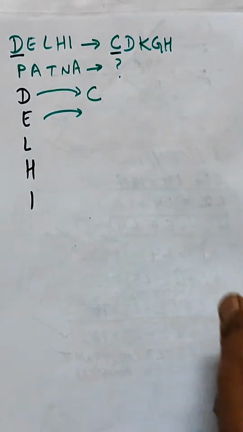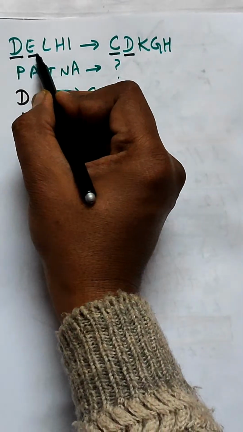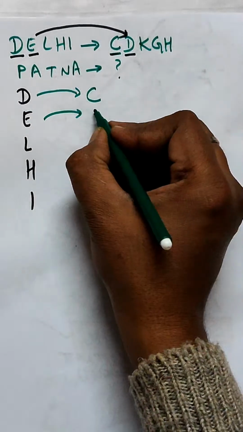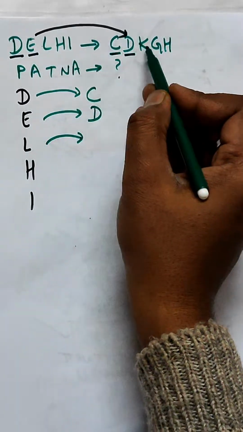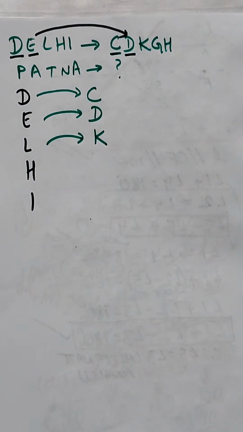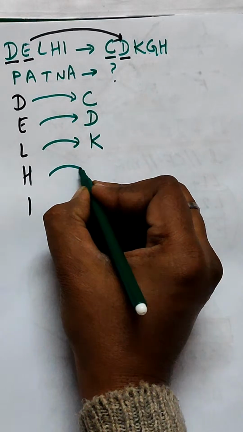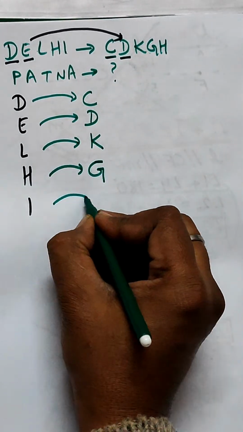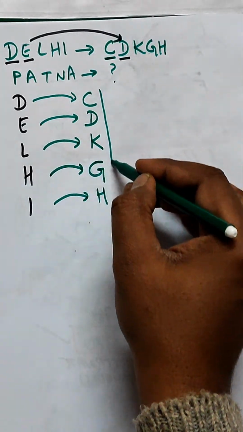E is written as D. So E is written as D. Now L is written as K. Now H is written as G. And I is written as H. So this is the coding which is available to us.